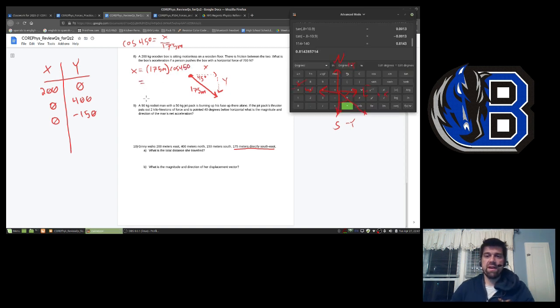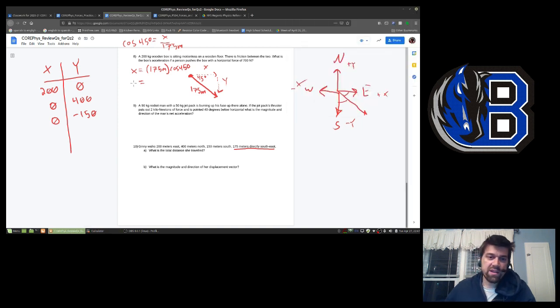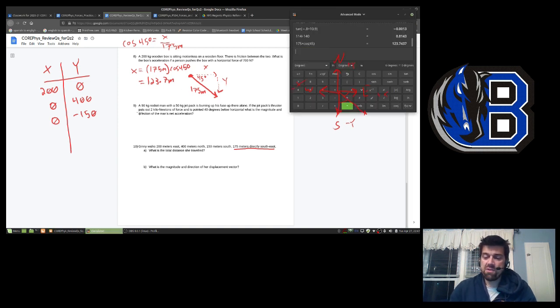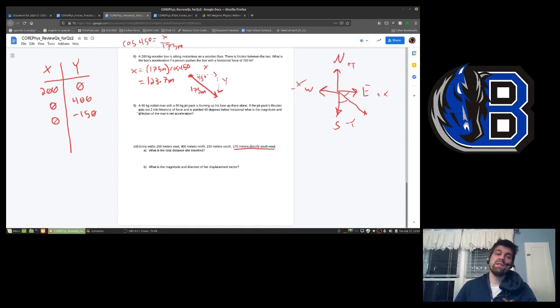So when I do that, I get 123.7. And like we said, they should be the same. Cosine was 175 times sine of 45. Cosine of 45 and sine of 45 are the same. So I get the same.